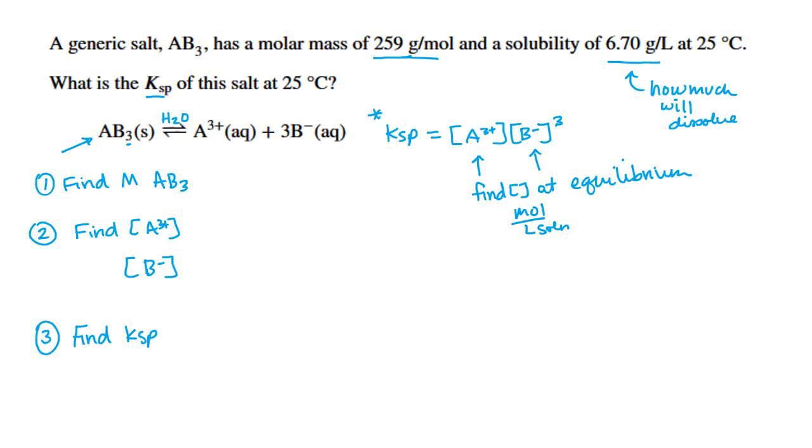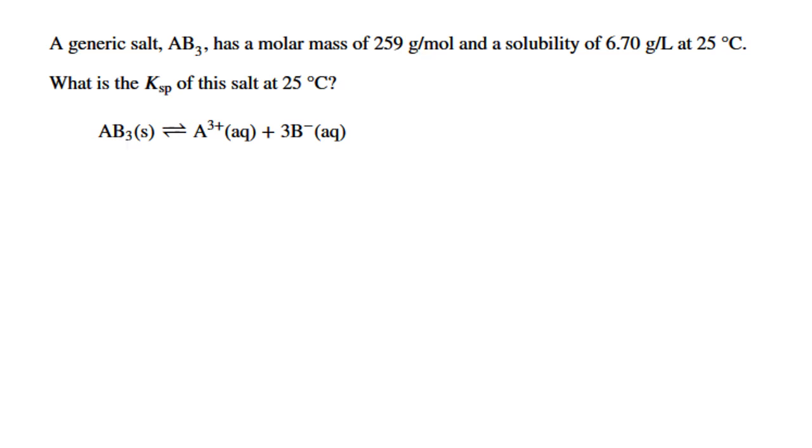So first up, find the molarity or the concentration of AB3 using those numbers. If I have a solubility of 6.70 grams of AB3 over liters of solution, we can think of that as 1 liter of solution. Next, we're going to use the molar mass.